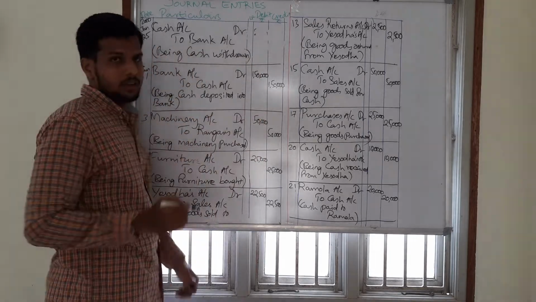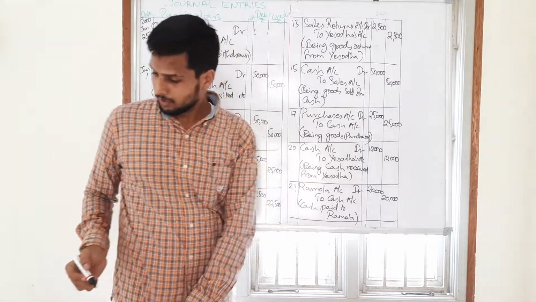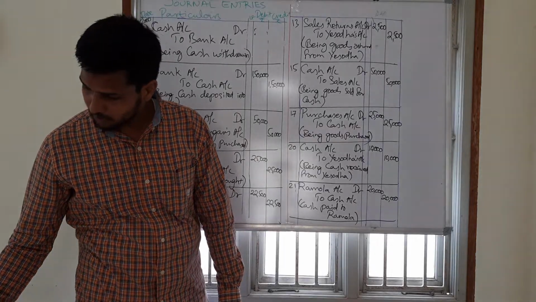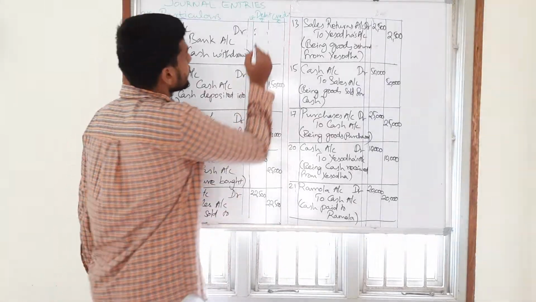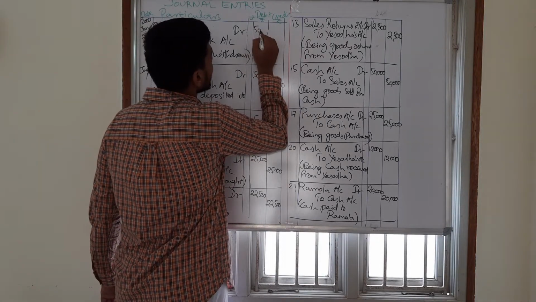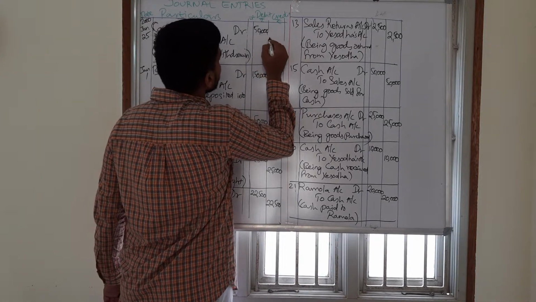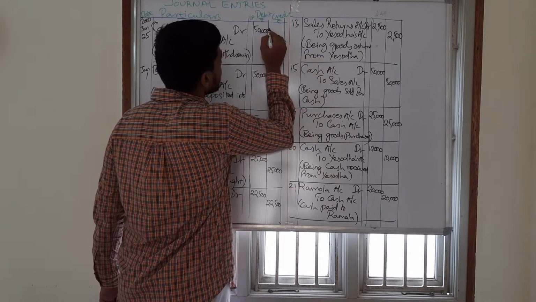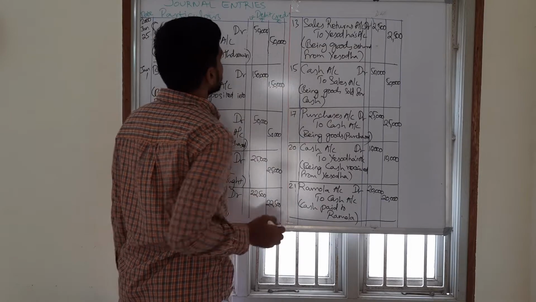Okay, being cash withdrawn. The amount given is 50,000. Okay, 50,000 should be written, and here also the same 50,000 is recorded.